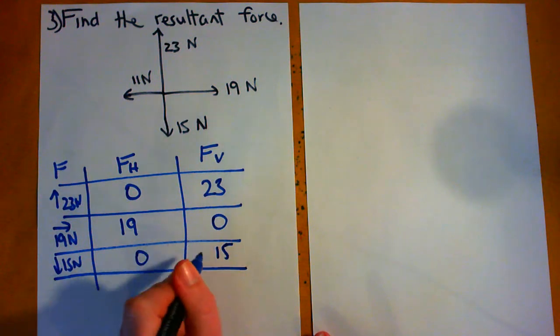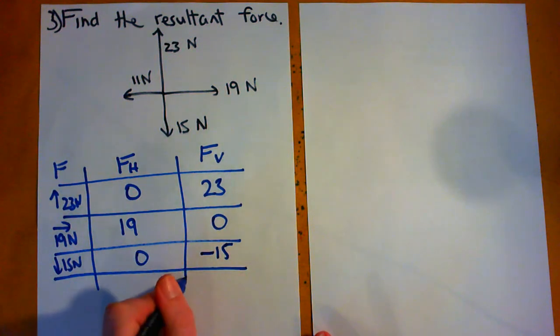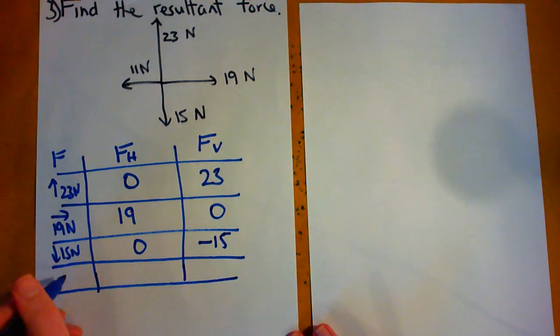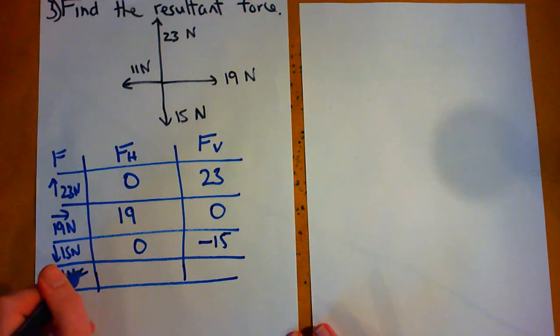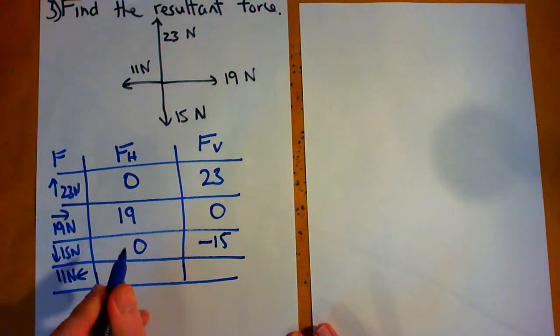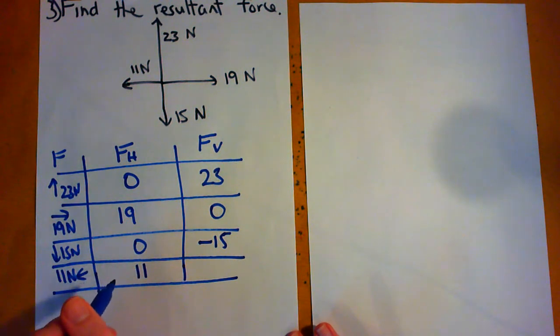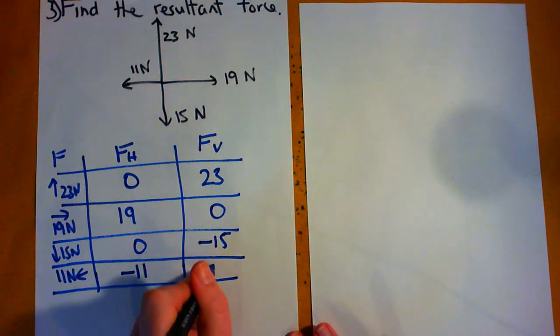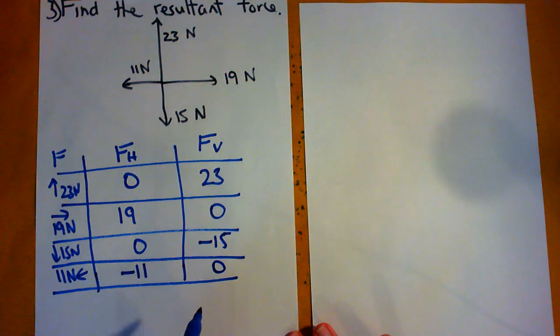This will be negative because it's pointing downwards. And we then have our last force, which is 11 newtons pointing leftwards. Its horizontal component is 11. As it is pointing to the left, that makes it negative, and the vertical component is 0 because this is a horizontal force.